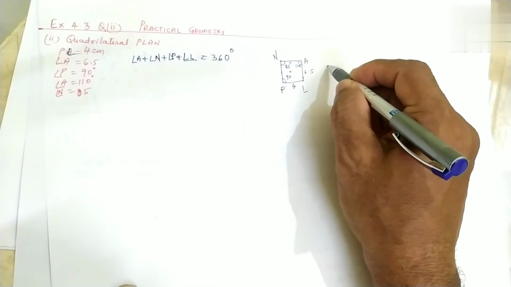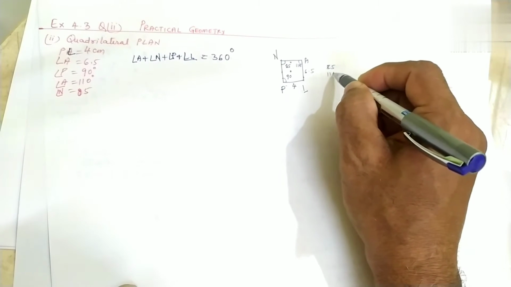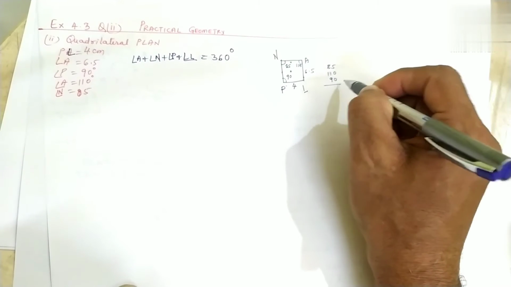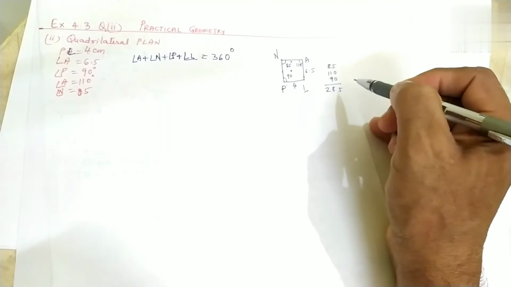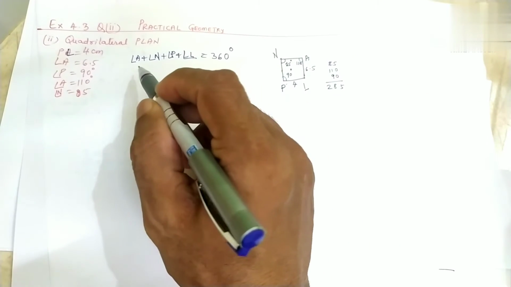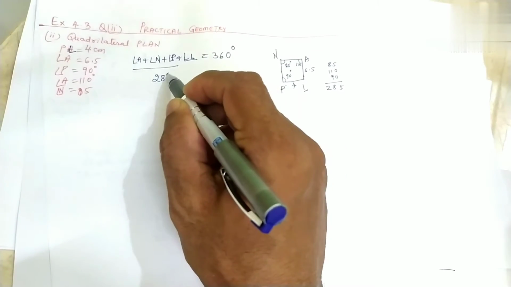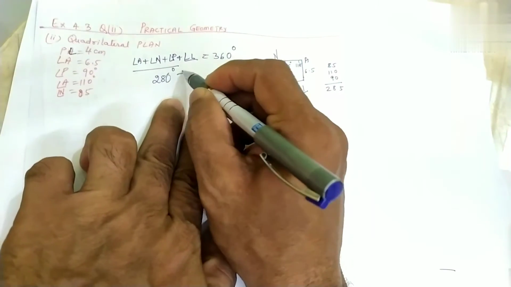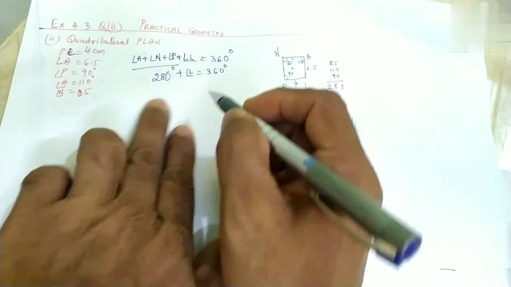So we can see 85, 110 plus 90. So it is 285. So these all three angles are 285 degrees plus angle L is 360 degrees.